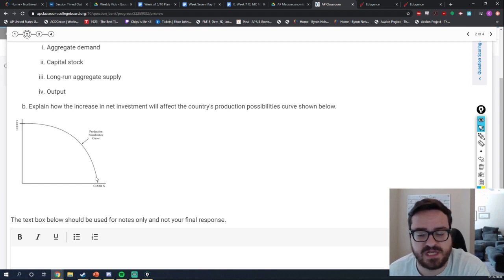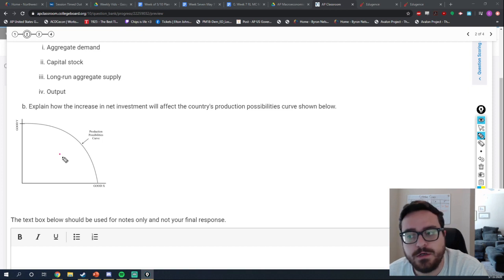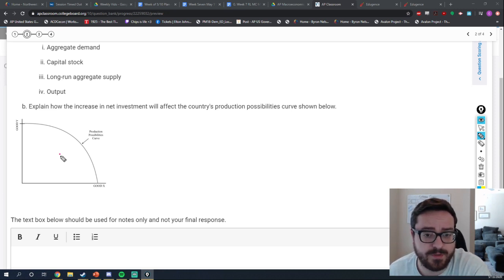You could also think of this line, Ernest, as like the LRAS, because the LRAS was our ideal amount of production. That's what this is. Anything below the line, like if there is a point right here, is producing less than your maximum. You're underproducing, producing less than you should based on what you've got. This would be either some unemployment going on, and that could be unemployment of people, but it could also be unemployment of resources.